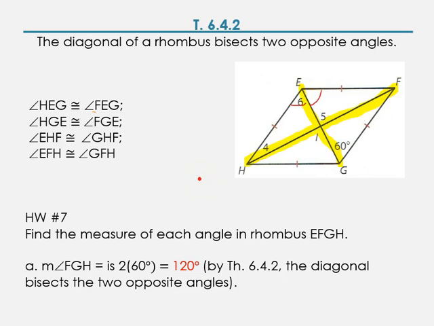And HGE would be congruent to FGE, and FGE is 60 degrees, so that means that HGE would be 60 degrees. And these opposite angles we've learned from rhombi are congruent to each other, so both of these angles would be 60 degrees.